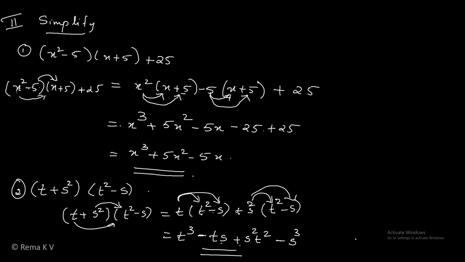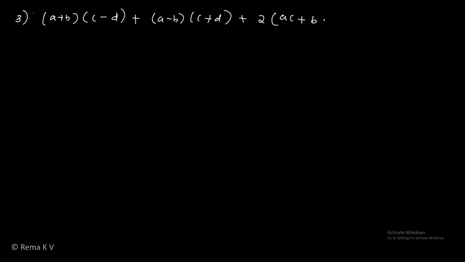Is it clear now? Let us move to the next one. (a + b)(c − d) + (a − b)(c + d) + 2(ac + bd).